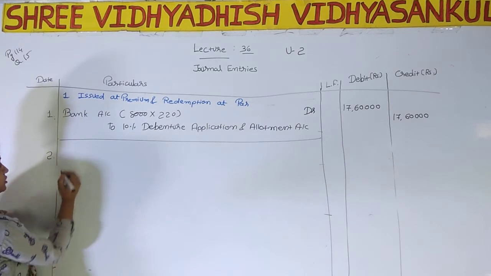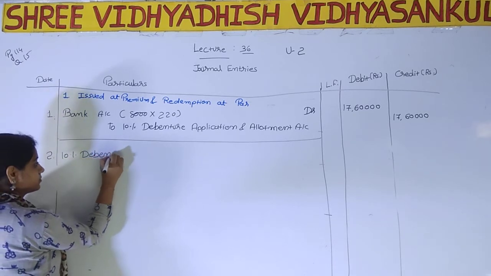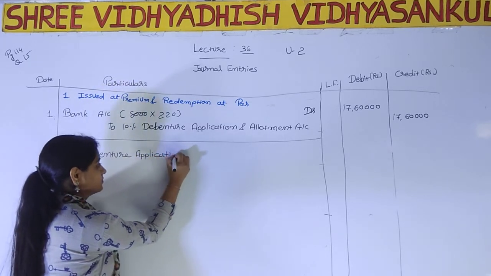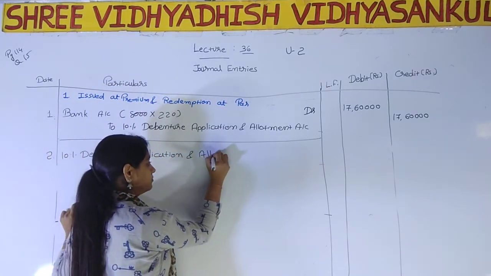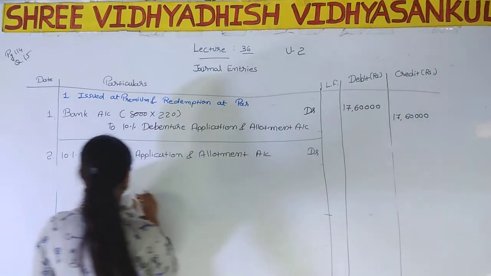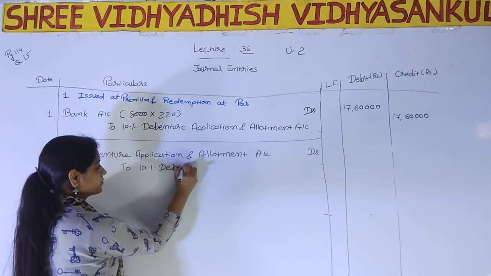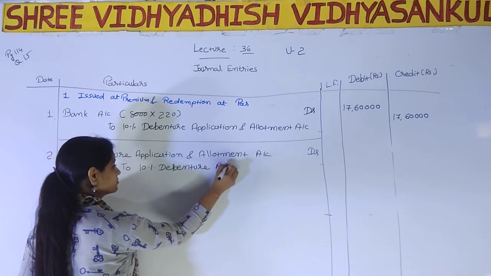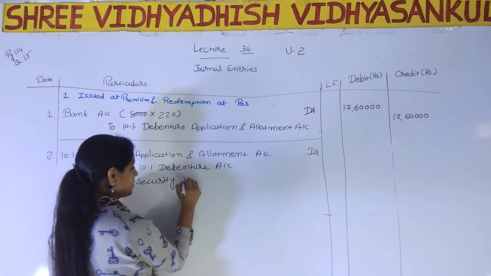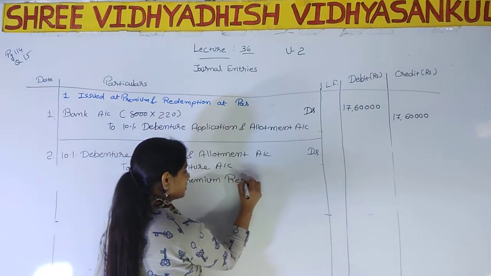The second entry will be for transferring. The entry will be 10% debenture application and allotment account debit to 10% debenture account, to security premium reserve account.